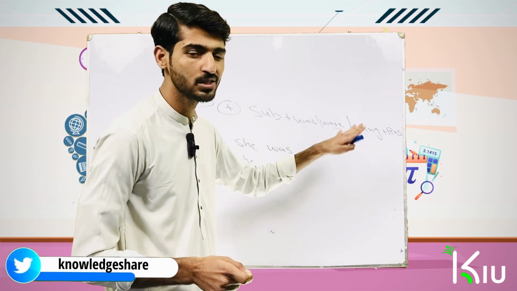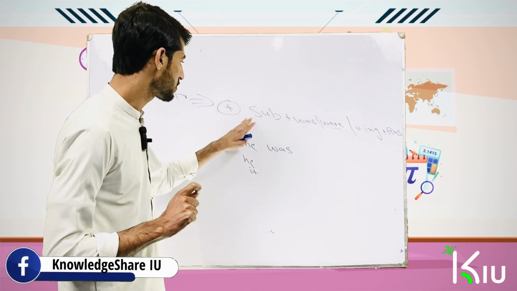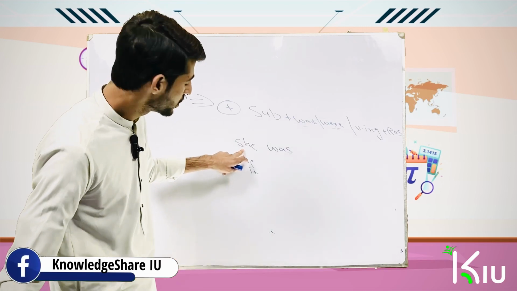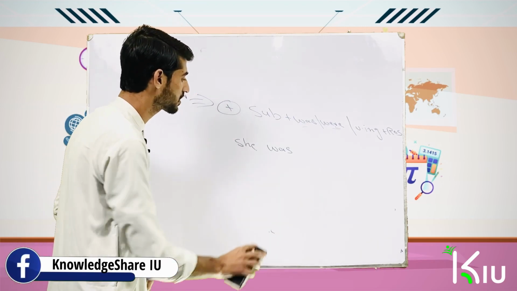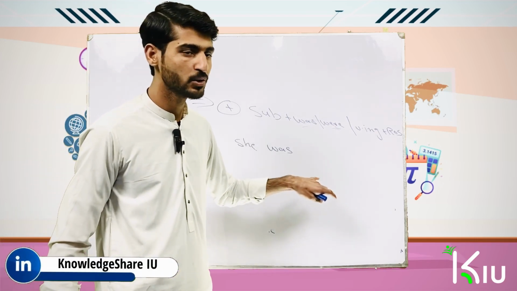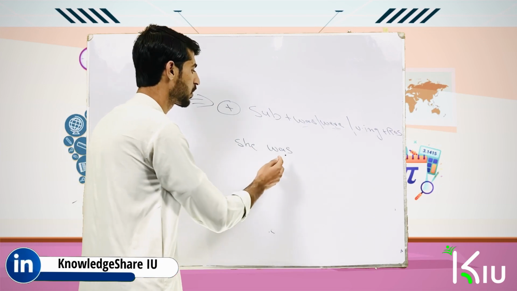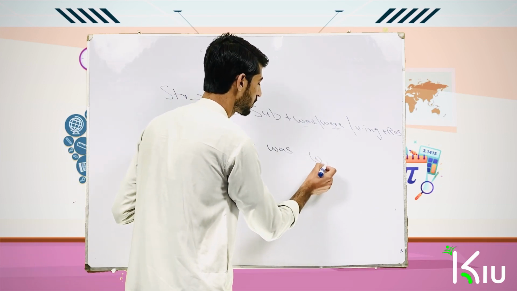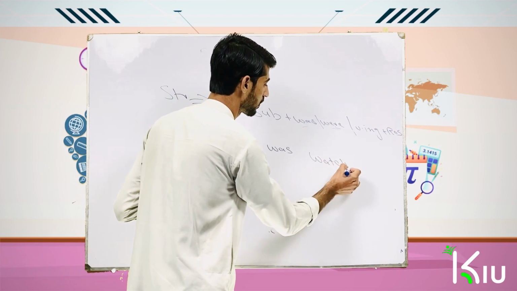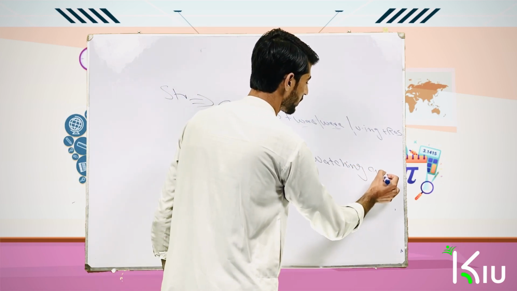First of all, I put the subject, she, a singular subject. Then because the subject is singular, I put was. Now verb ing: she was watching a movie.